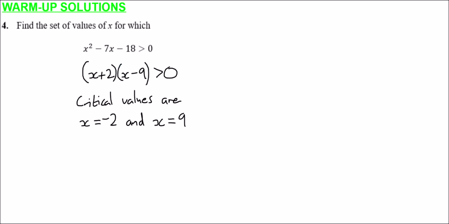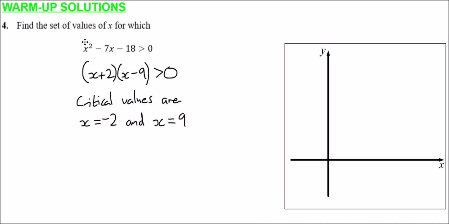And so for this one, a graph of y equals x squared minus 7x minus 18, I can plot this, now knowing that the critical values are negative 2, say somewhere here, and positive 9, somewhere, say over here. So if I were to plot this, I'd have something looking a bit like this.